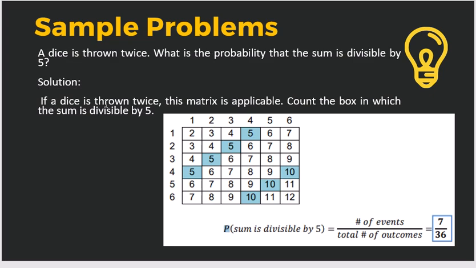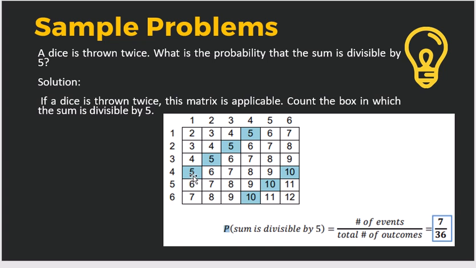Next, a die is thrown twice. What is the probability that the sum is divisible by 5? If a die is thrown twice, this matrix is applicable. Count the boxes in which the sum is divisible by 5. So we have the 6 numbers, and we have the 6 again. So ito yung mga probability na pwedeng lumitaw.